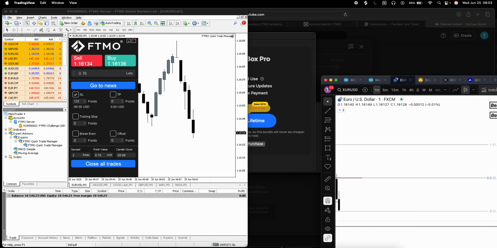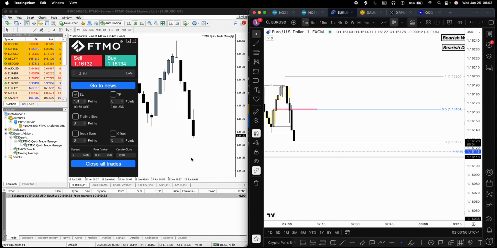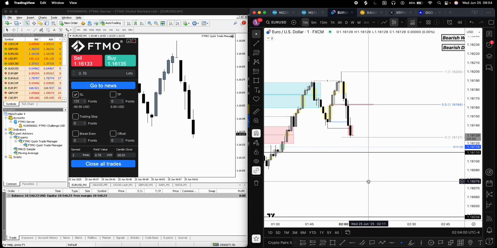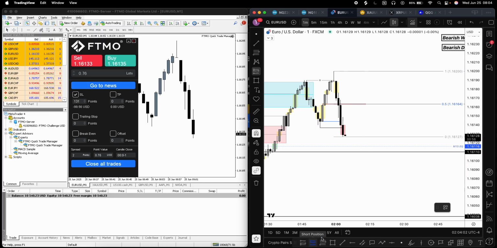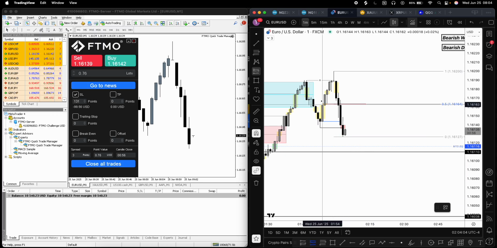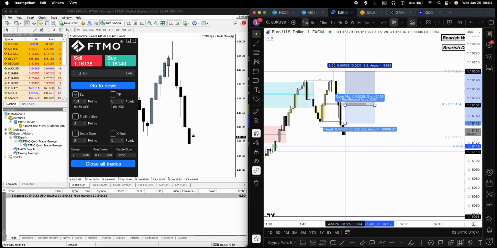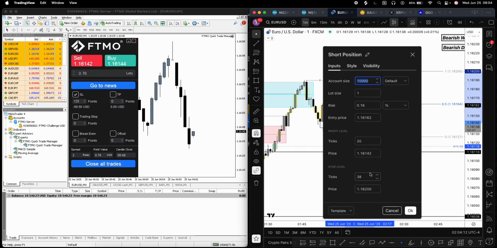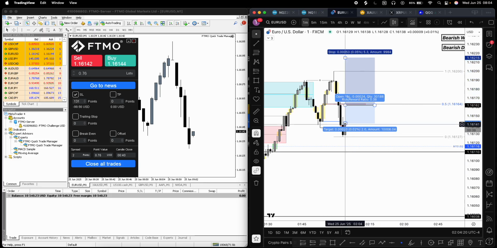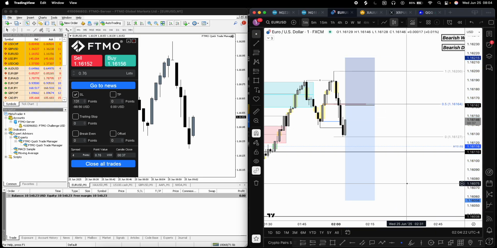So I'm going to get ready to execute. So in EURUSD. Okay, so our entry would be 1 tick below that FVG. Stop would be 1.5 pips above. So 1, 2, 3, 4, 5, 6, 7, 8, 9, 10, 11, 12, 13, 14, 15 above there, and we'll target 2R.